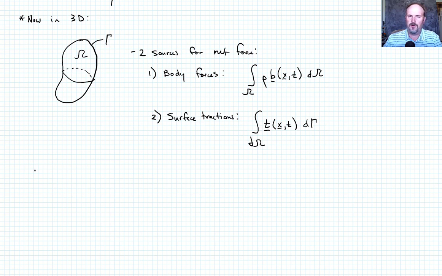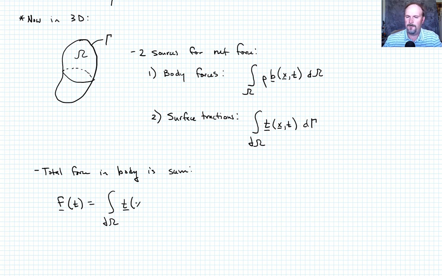So then the total force in the body is just the sum of those. And we can write the total force must be equal to the integral over the boundary of all the boundary tractions plus the integral over the volume of the body force.